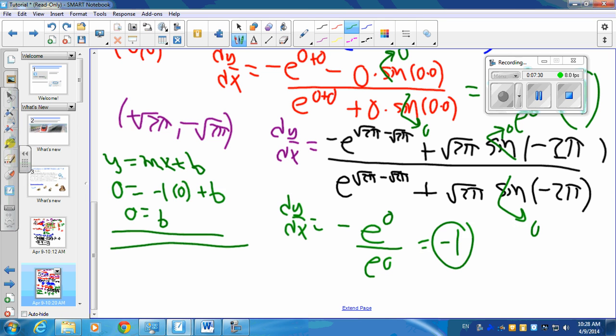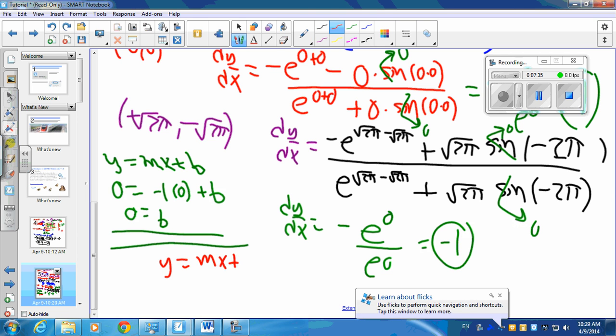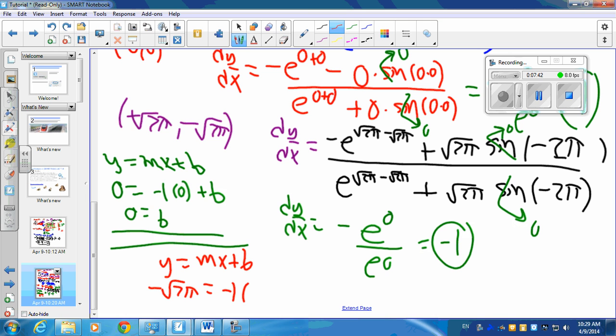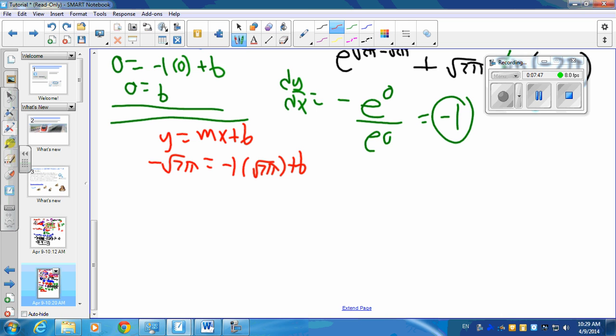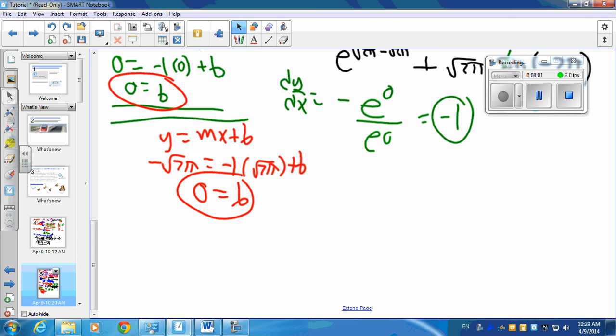For the other one, y equal to mx plus b. y was negative square root of 2 pi. The slope is negative 1. x is square root of 2 pi plus b. What do you notice that b is going to be this time? 0. So since the b's are the same and the slopes are the same, your tangent lines will be the same. So there's your common tangent line, slope and line.